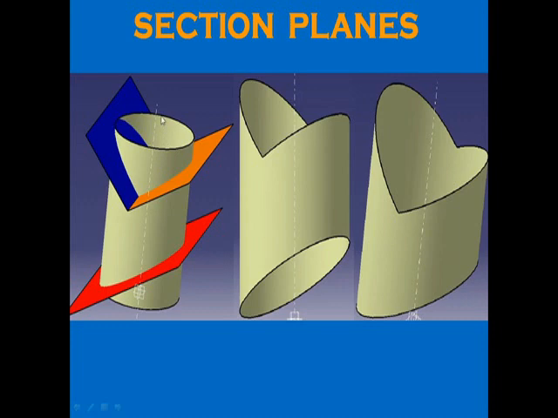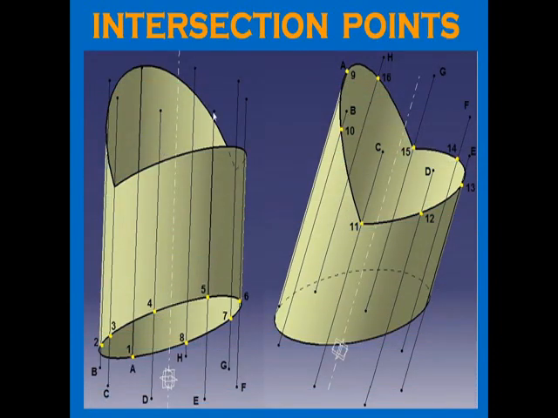Now the second cutting plane is the one that is shown by the blue color. The third cutting plane is the one that is shown by the orange color, and both of them are at the top. So we'll see the intersection points that these two cutting planes make with the cylinder. I'll start with the second cutting plane.